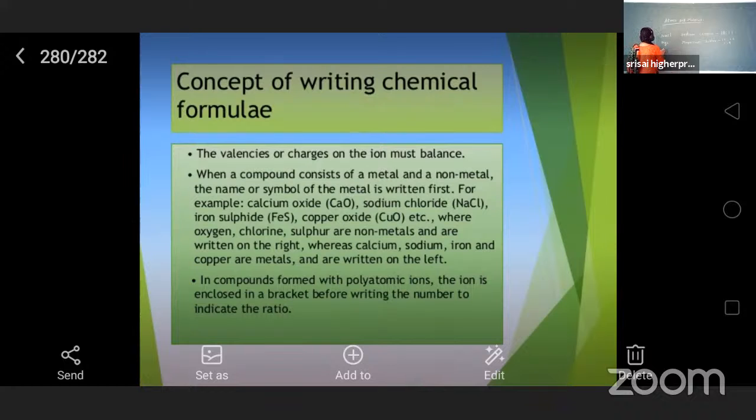The next one is calcium oxide, CaO. Calcium oxide means here calcium and oxygen will come. What is the atomic number of calcium? 20. Yes.